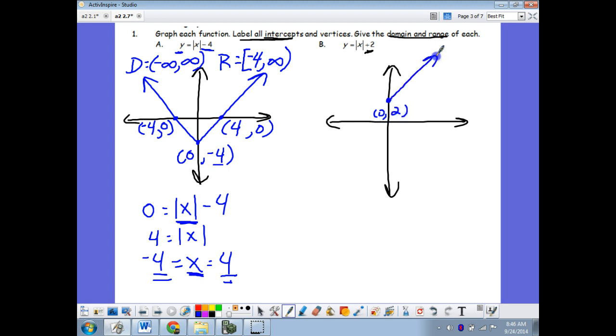And then we draw the V shape, and you'll notice that in this one, it does not have any x-intercepts, so we don't need to worry about finding the x-intercepts because there aren't any. And also the vertex and the y-intercept are the same point, so we only have that 1 point to label.